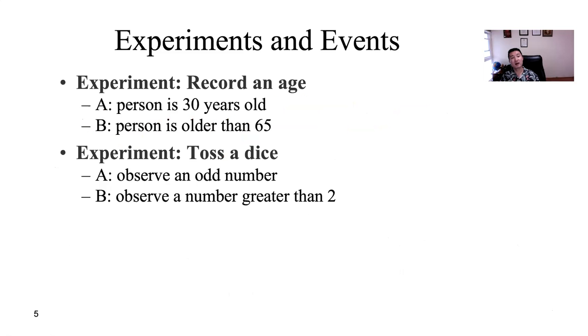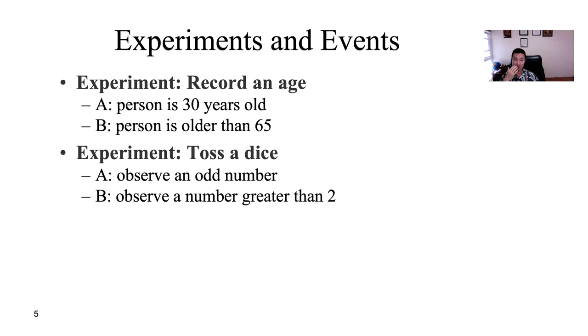So more examples of events. Suppose the experiment is that we record the age of a person. Event A is defined as the person is 30 years old, and B is the person is older than 65. So if we pick a person and the age is 29, then event A doesn't happen, and event B also doesn't happen.